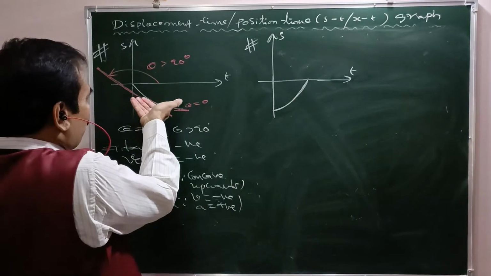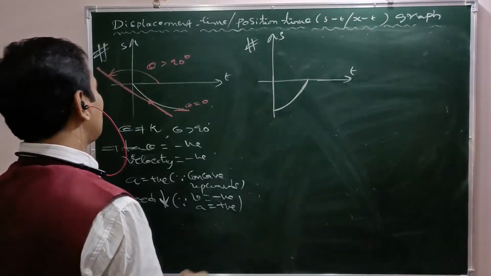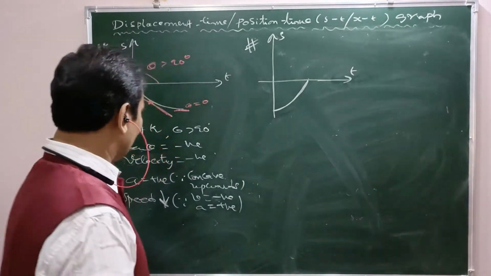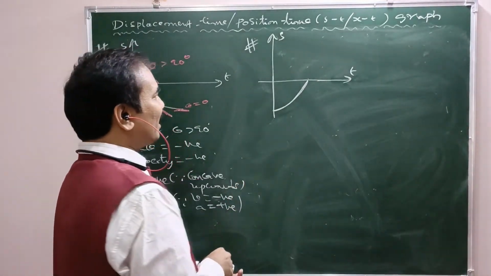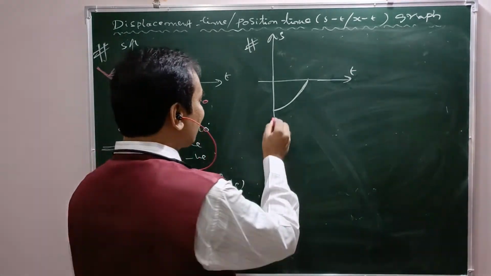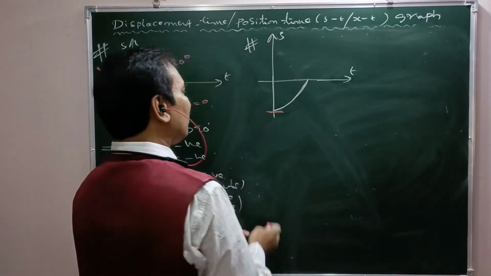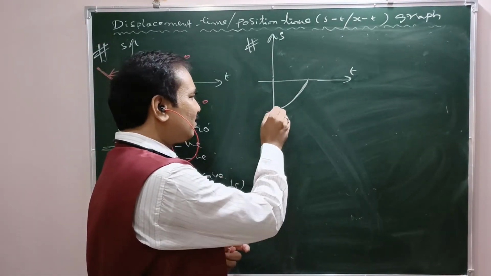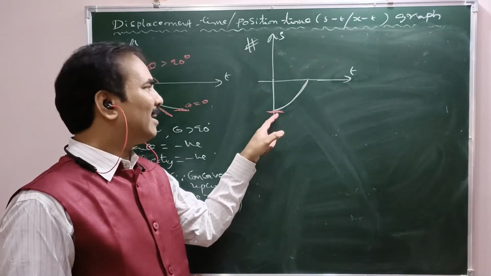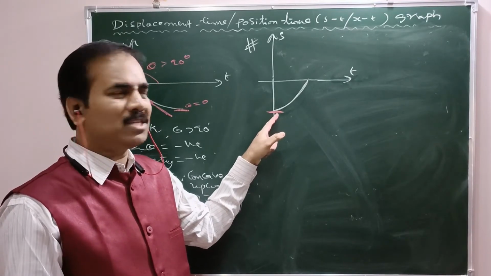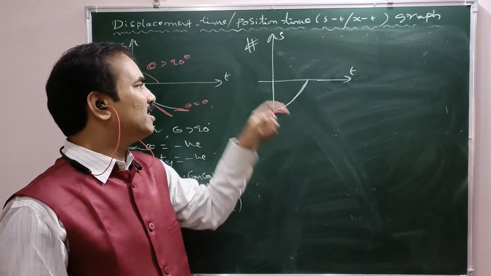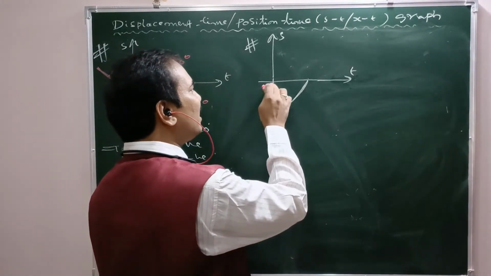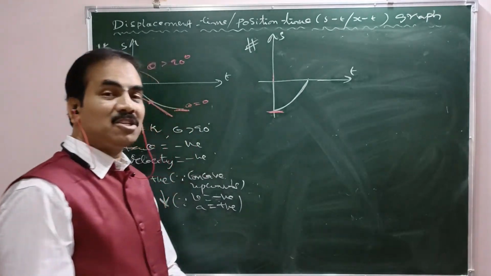See, here also concave upwards. This is the first half of the diagram, next half of the diagram. Now, what about theta? At time t equal to 0, if I draw a tangent, theta is 0 here. So tan theta 0 means velocity is 0. Initial velocity. There is no slope for this graph at t equal to 0, right? Means initial velocity is 0.